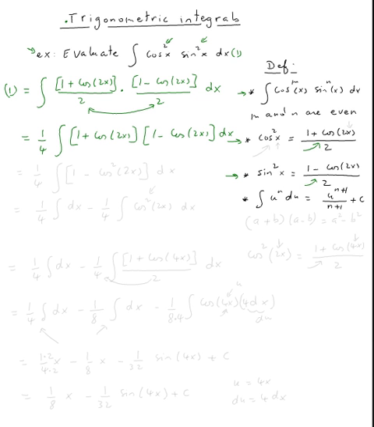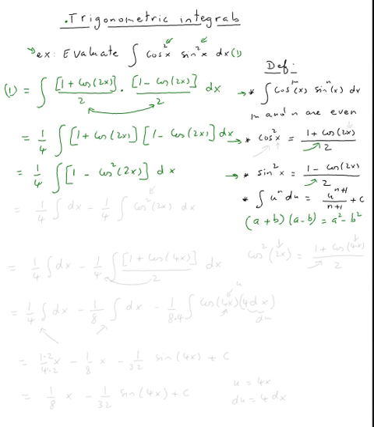Now foiling this, the quickest way to foil, let's use the identity (a plus b) times (a minus b) equals a squared minus b squared. So a is 1, so 1 squared, which is 1, minus b squared, cosine of 2x squared, dx.